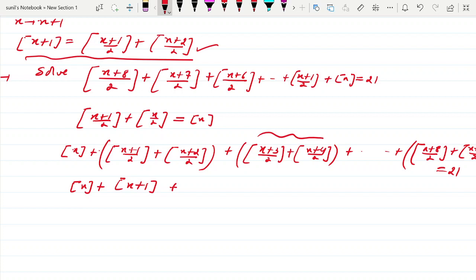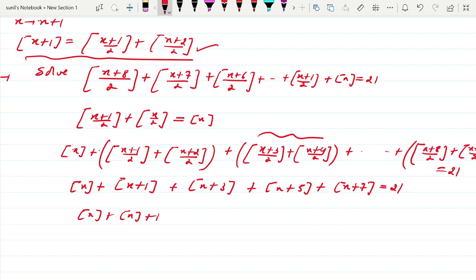This is bracket x plus 3, like this, and then we'll have bracket x plus 5 and bracket x plus 7 by observing the pattern. Now can we write this as bracket x plus bracket x plus 1 plus bracket x plus 3 plus bracket x plus 5 plus bracket x plus 7 equal to 21.